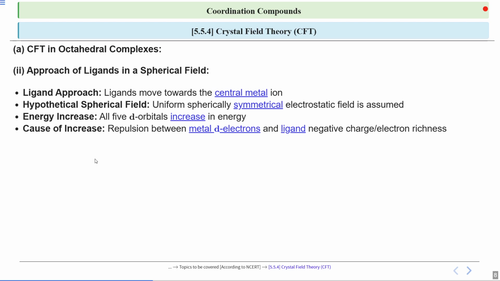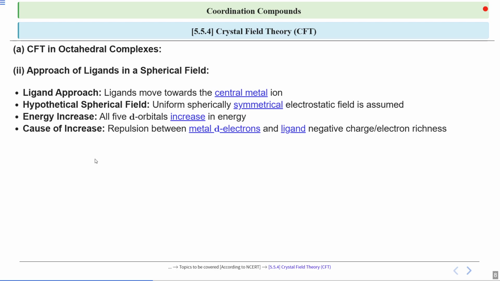After the ligands approach in the hypothetical spherical field, all the 5d orbitals increase in energy due to the repulsion between the metal d electrons, meaning electrons present in the d orbitals, and the ligand negative charge, or the ligand electrons. This electron repulsion causes the increase of energy.